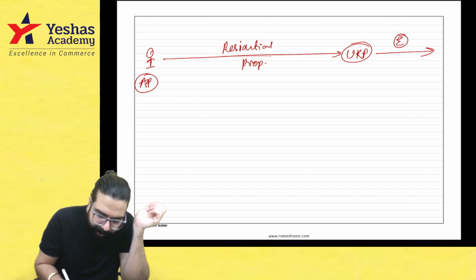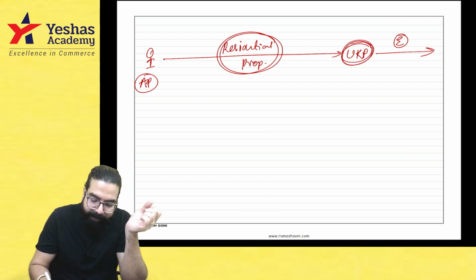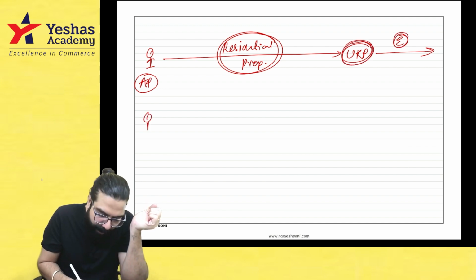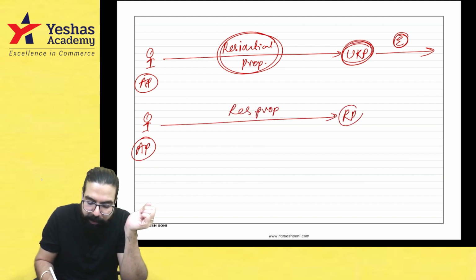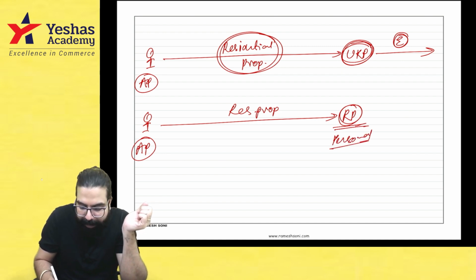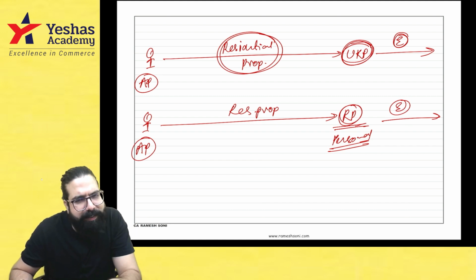But if I give residential property to an unregistered person, the GST was exempted. Or if any person gives residential property to a registered person, but the registered person has taken it for his personal purpose, not for his business, then also it was exempted. He never has to pay GST under RCM. Do you guys remember this?